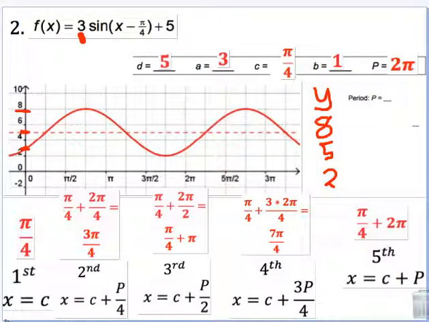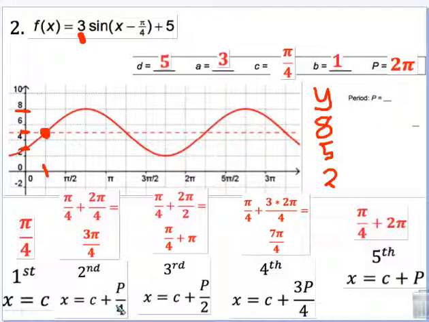Now for your x values, for your first one, x is just your C value. So because our C value is pi over 4, we're going to go to pi over 4, which is approximately right here. And for sine, our cycle starts on the sinusoidal line. So this is our first coordinate point.